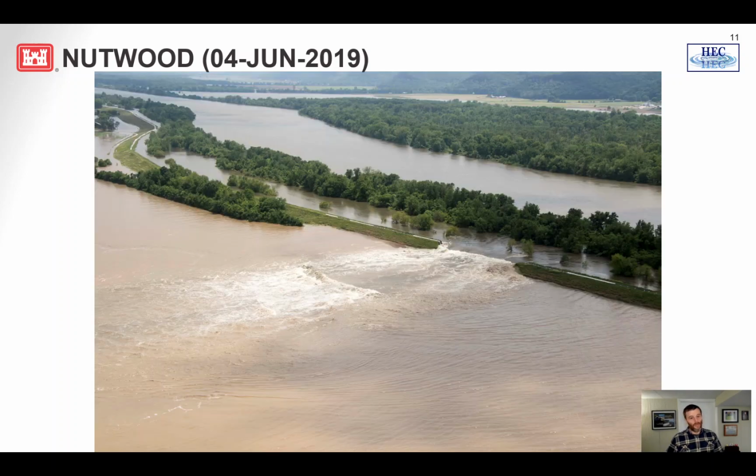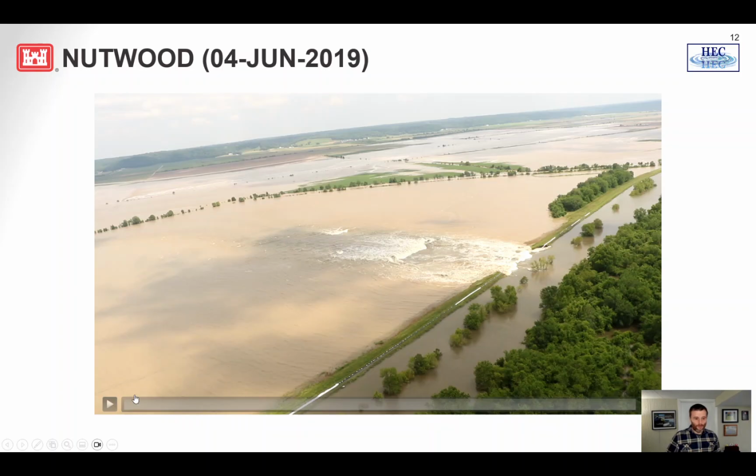So unbeknownst to me, the general was flying around with our public affairs person right over the top of it when I was trying to figure this out on my own. This is a picture from the helicopter they flew across, and I didn't get this for another couple of days, which I found kind of humorous. But I'll show you a video of this.